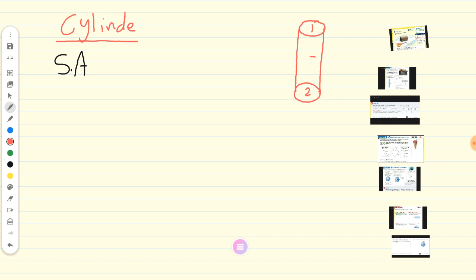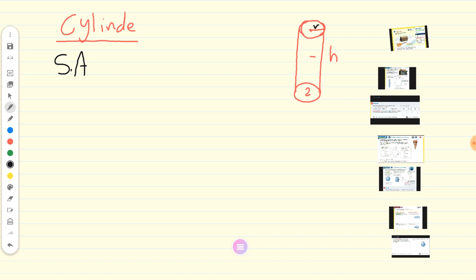It has a height, and the circle has a radius.